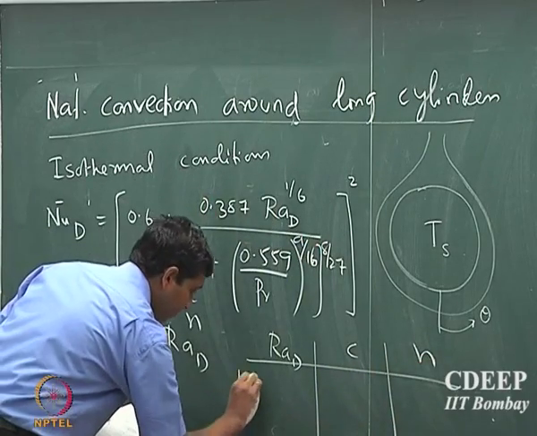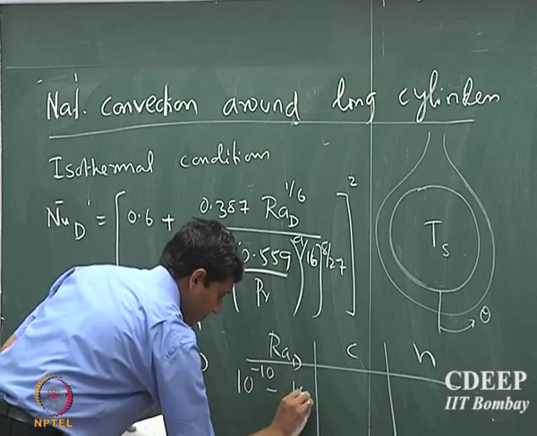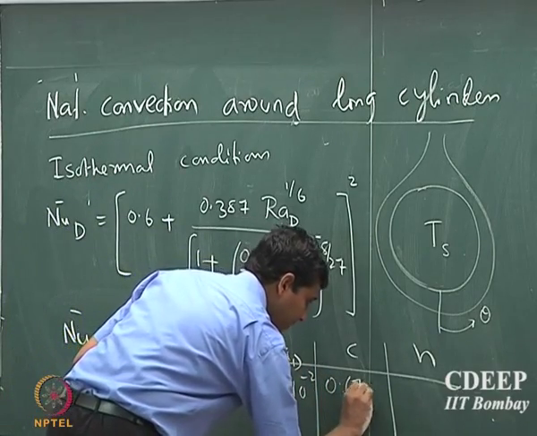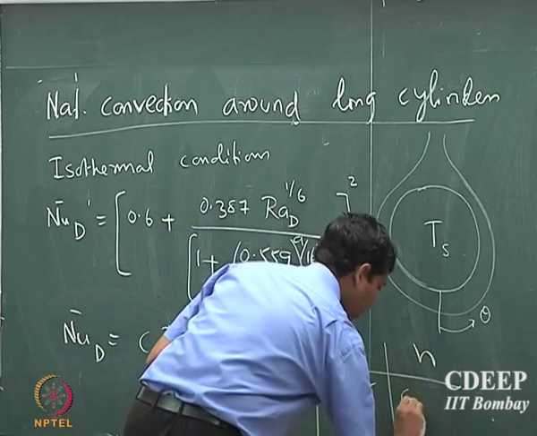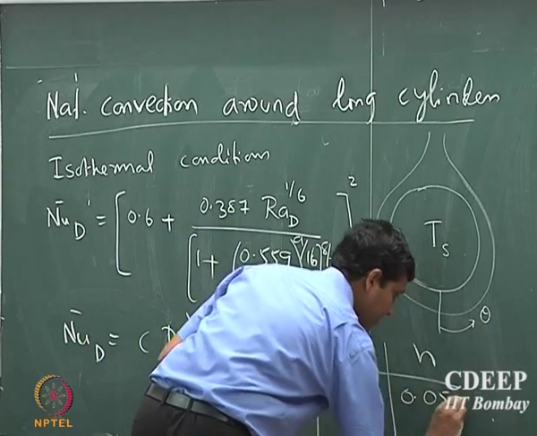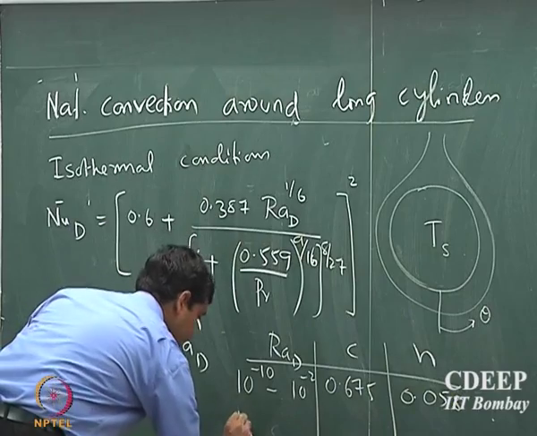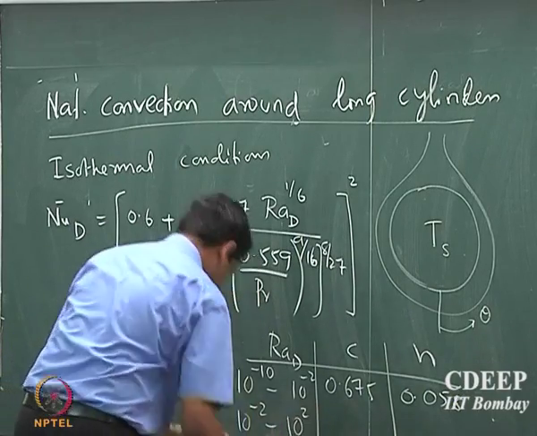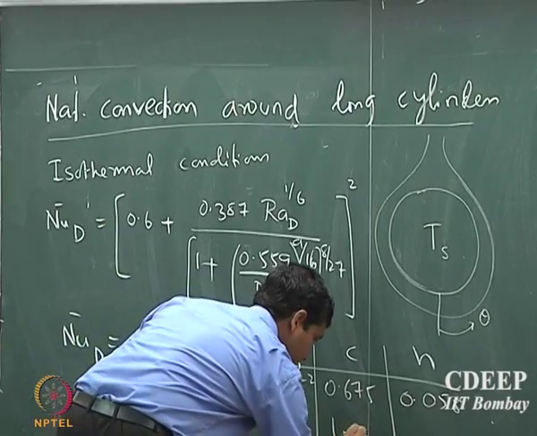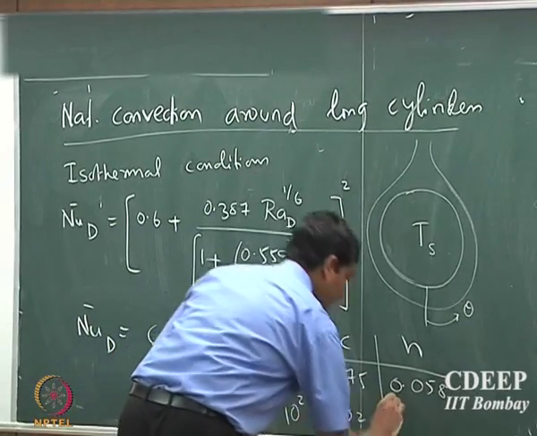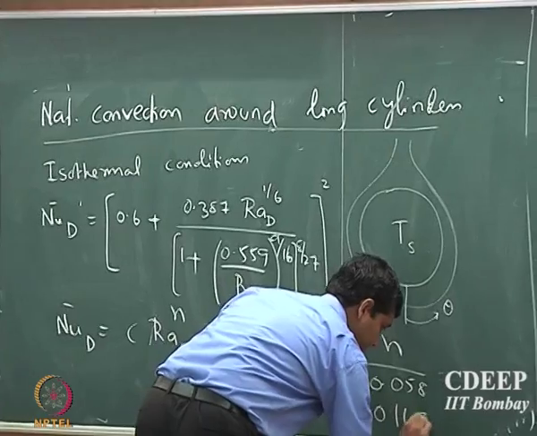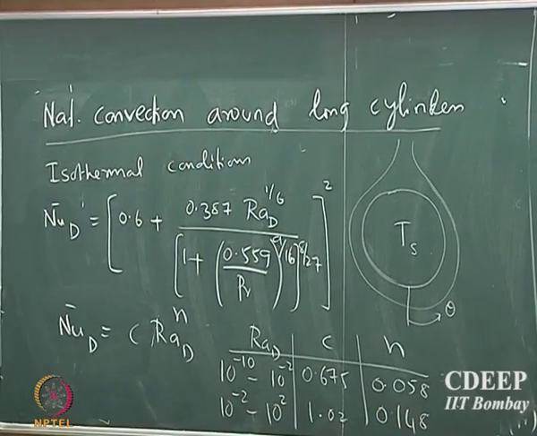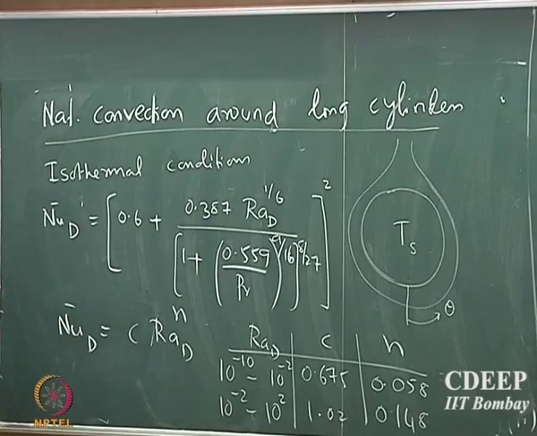So, that will be 10 power minus 10 to 10 power minus 2, 0.675 and 0.058, and 10 power minus 2 to 10 squared, that's 100, 1.02 and 0.148. Okay. So, that is the Rayleigh number range, and the constants C and n for different ranges of Rayleigh number.